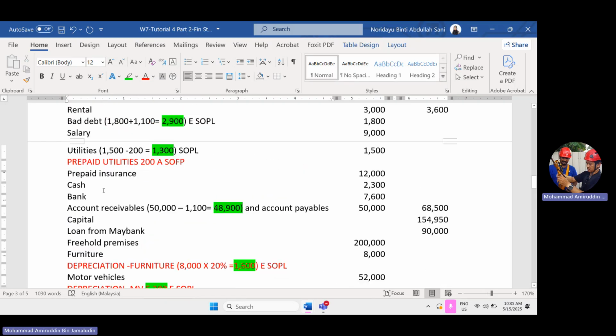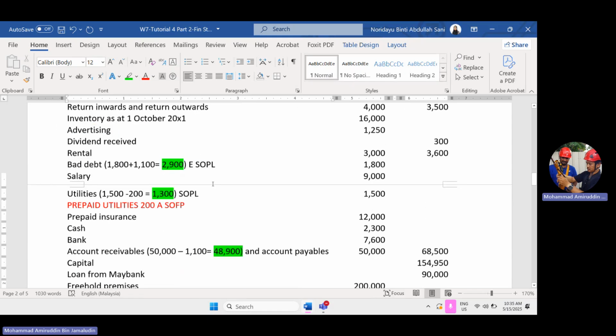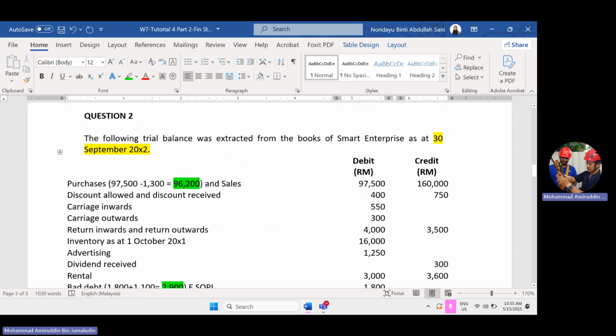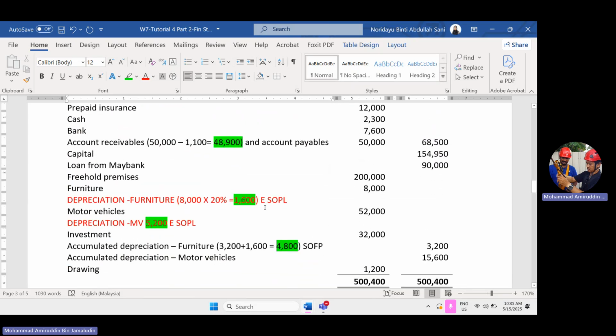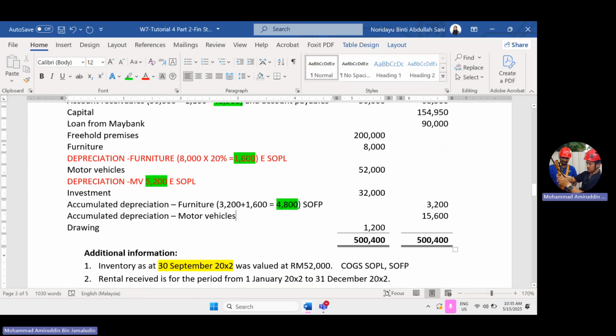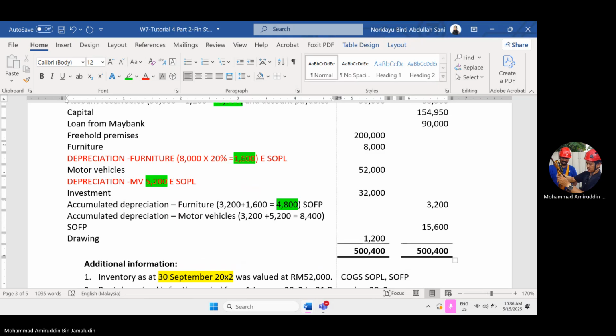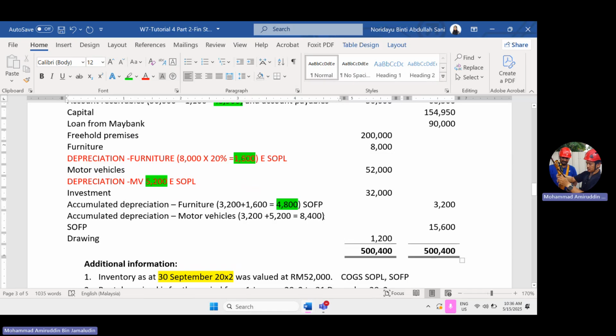And then your accumulated depreciation. Where is it? At the bottom. 3,200 plus 5,200, 8,400 go to SOFP. Okay, 8,400 go to SOFP.